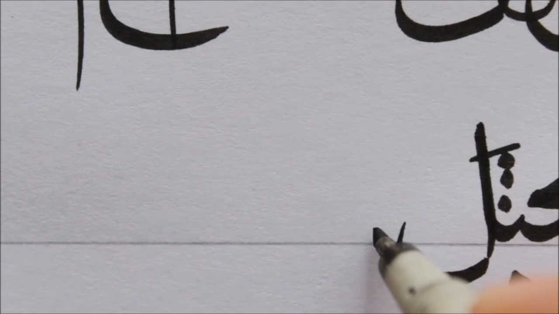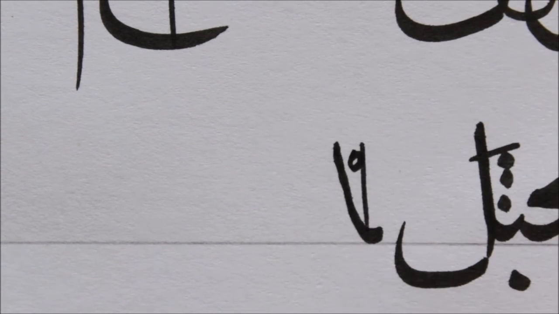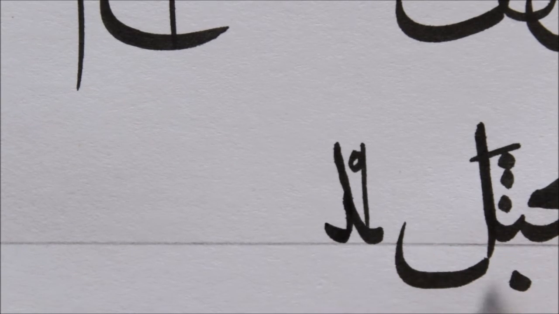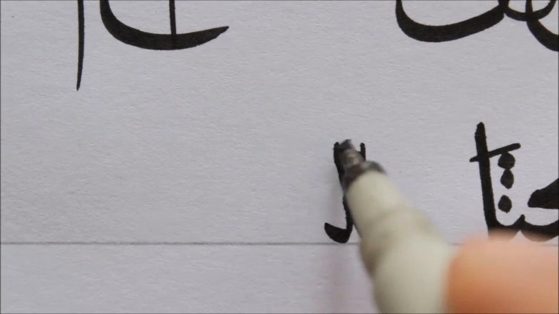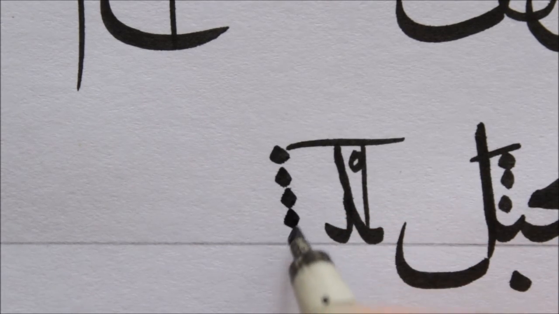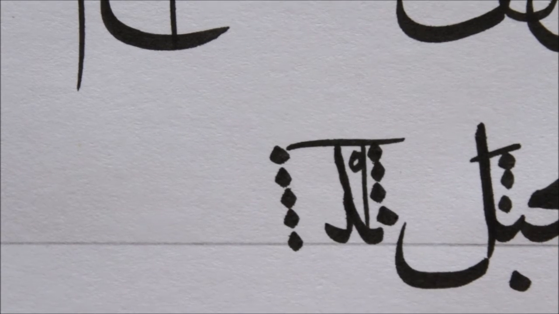When the lam comes in the middle, we talked about when you go up with an alif or a lam, you curve it to the left. Then when you come back, you extrude a thin line here, then continue writing. The most important thing is the height. That comes with the same height as any alif. So this one would be 4 points, for example.